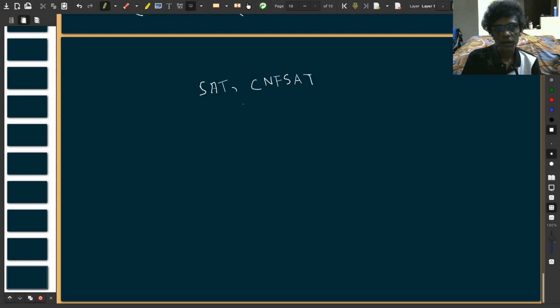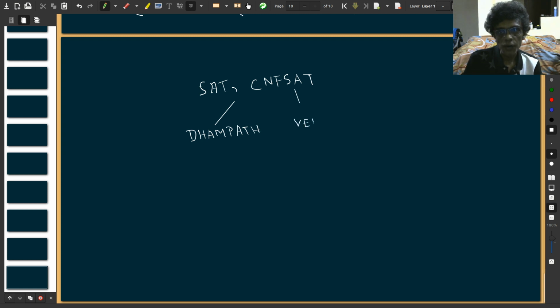Initially, we started with SAT and CNF SAT, but proving their NP completeness or NP hardness is so difficult, we didn't cover it. From this, we have seen Hampath, and equivalently Hamiltonian cycle, directed Hamiltonian cycle, these problems.